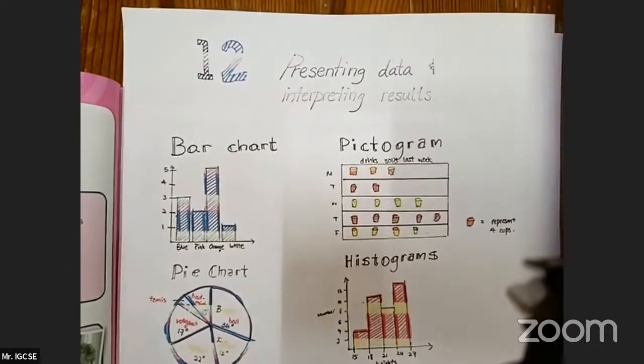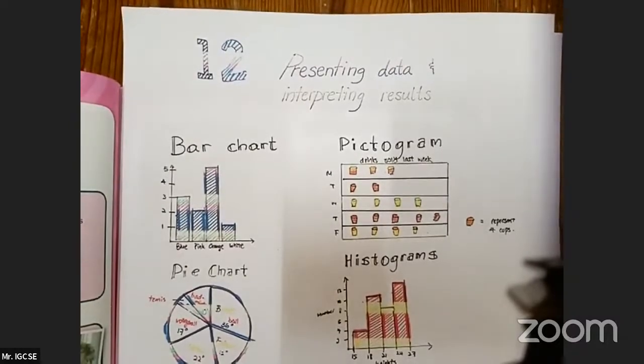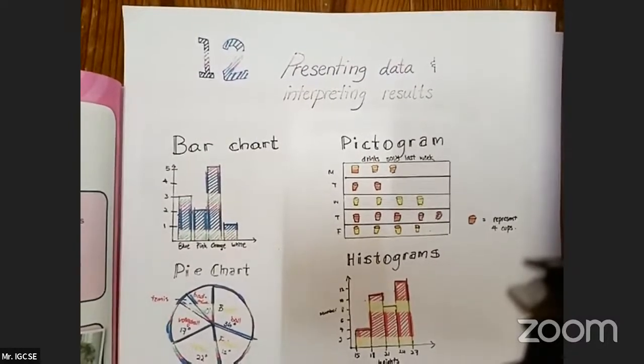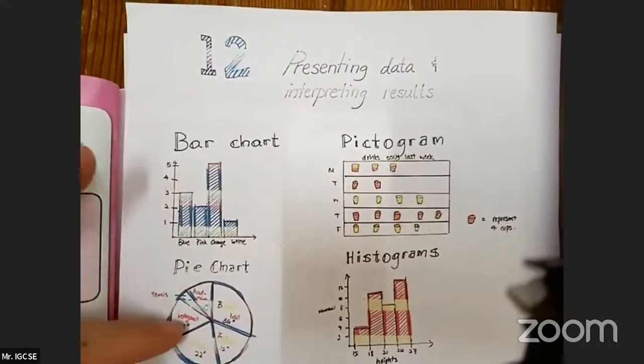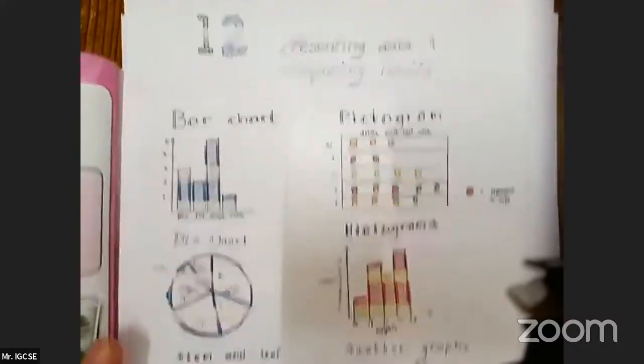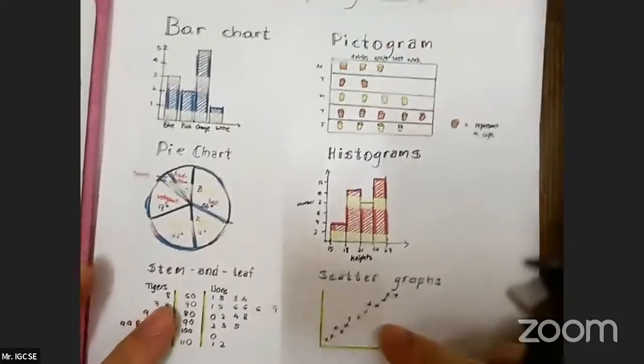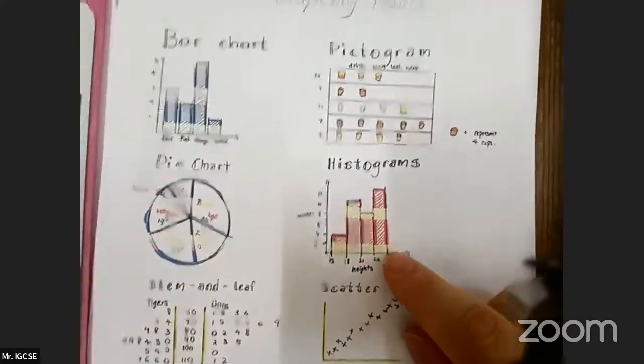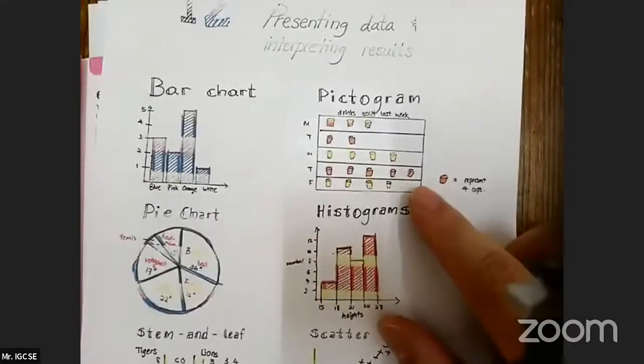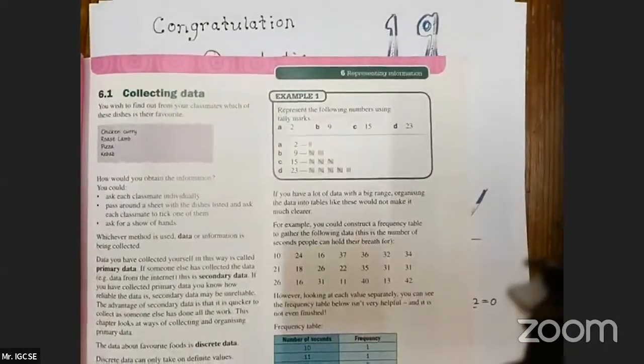So you need to organize this in columns, and then you count the frequency, and then you try to fit them into a bar chart, pie chart, stem and leaf, and maybe a scatter chart, a line chart, a histogram, and pictogram. You may do that, you know.